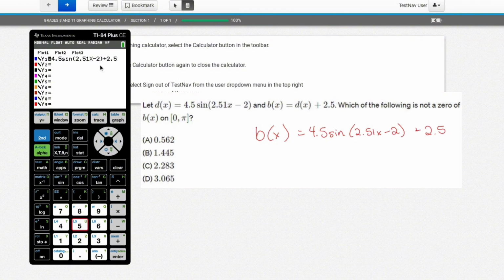I care about when things happen between 0 and pi, so why don't I just run to my window and make the x min 0 and the x max pi. Since I'm lifting this up 2.5 and my amplitude is 4.5, this will go up to 6, so we'll put you at 7. This is not necessary, by the way.